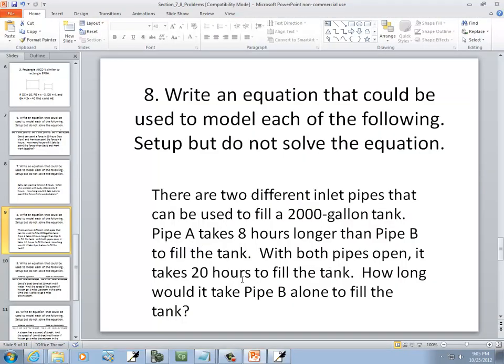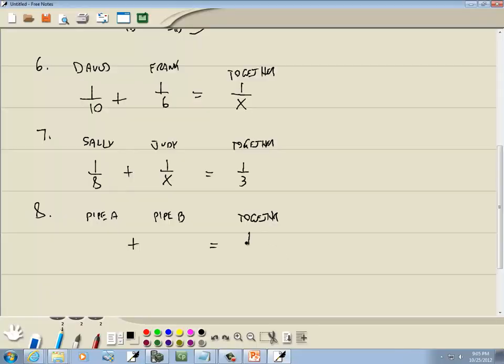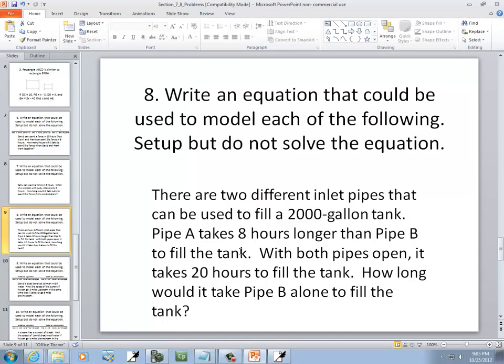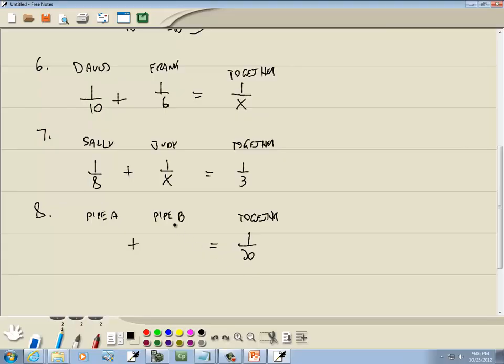I noticed it right here. It says it takes 20 hours to fill the tank when both of them are open. So together, it's 1 over 20. Now Pipe A takes 8 hours longer than Pipe B. And it says how long will it take Pipe B alone to fill the tank. So we don't know Pipe B, so that's our x, so we'll have 1 over x.